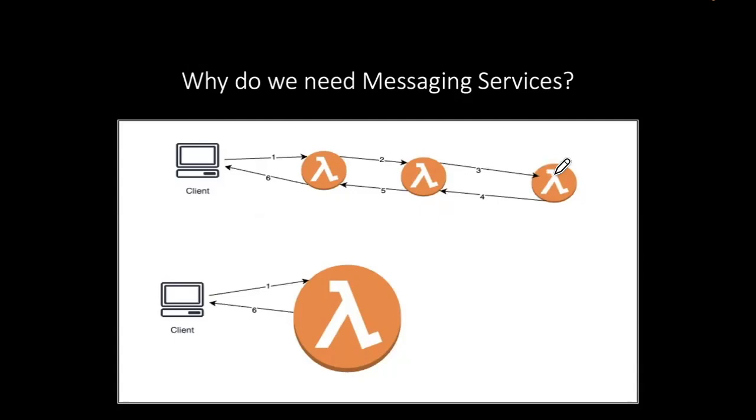And eventually this lambda will complete its function. Any of these three might be talking to databases or other services. But when this one completes its task, it responds back to this one. This one maybe does some more number crunching, and responds back eventually to this one. This one may need to do some more functionality, and eventually responds back to the client.